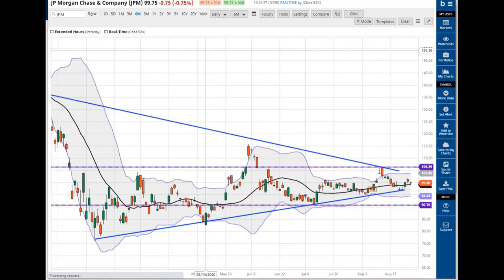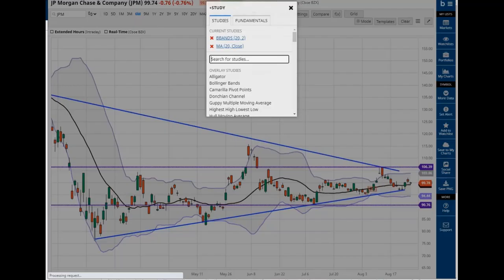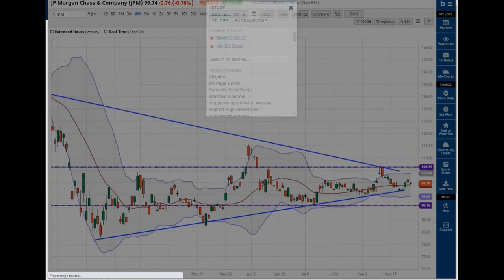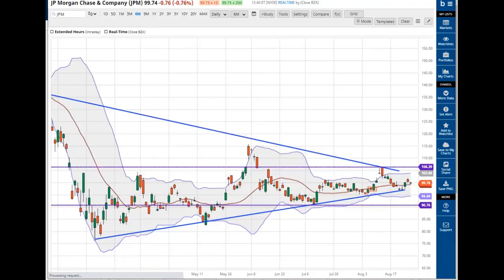Now, inside of the dashboard, when I'm adding studies to my chart, I can only put in 3 studies, right? I can only use 3 at a time. So if I'm using a 20-day moving average and Bollinger Bands, I'm using 2 studies. But if I eliminate the 20-day moving average and just use the Bollinger Bands, then I know the mean, the middle line, is the 20-day moving average. So I'm getting two analyses for the price of one, which is pretty cool, right, Gene?